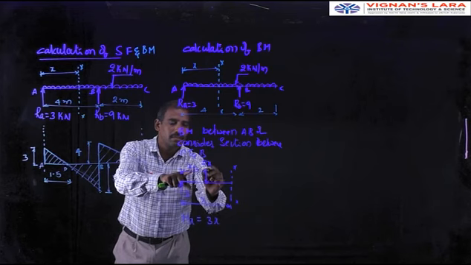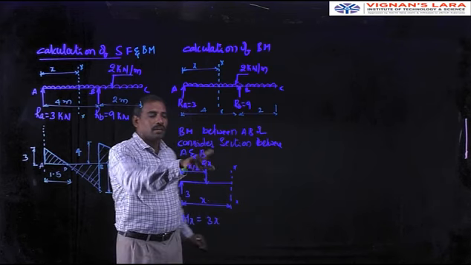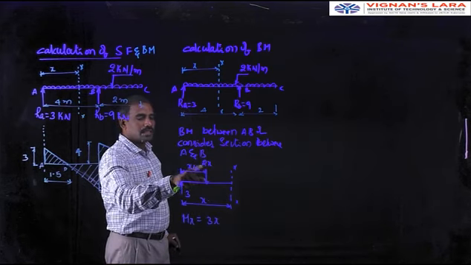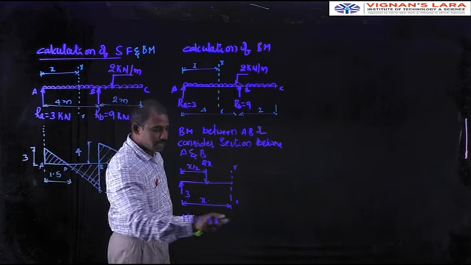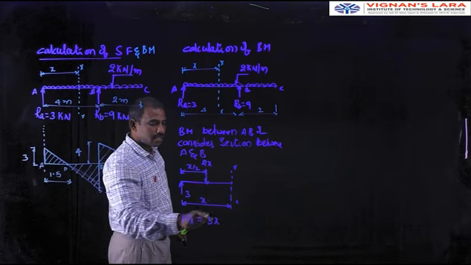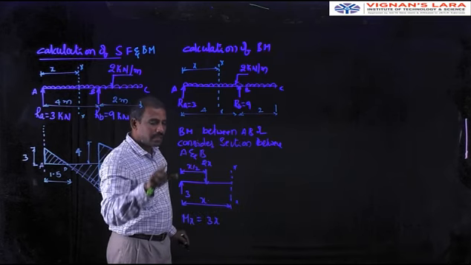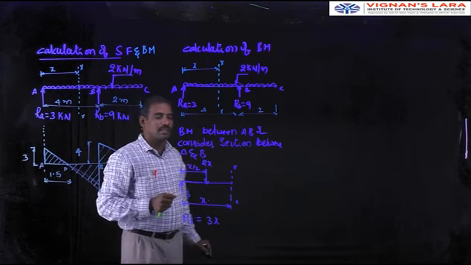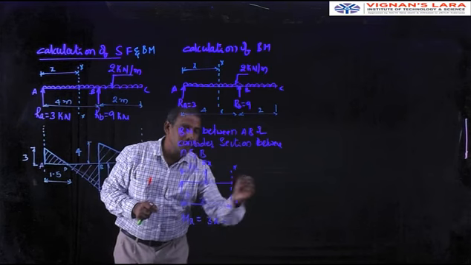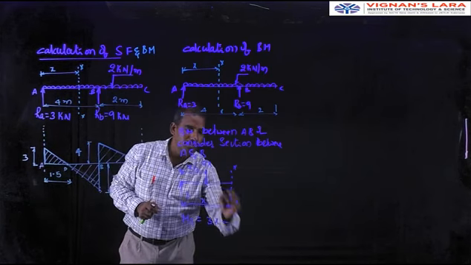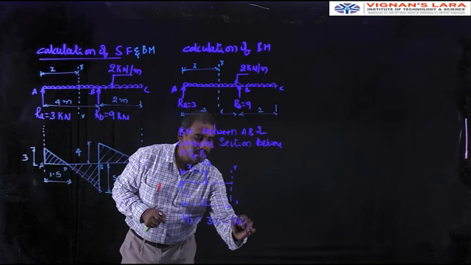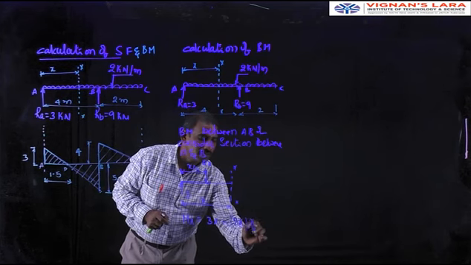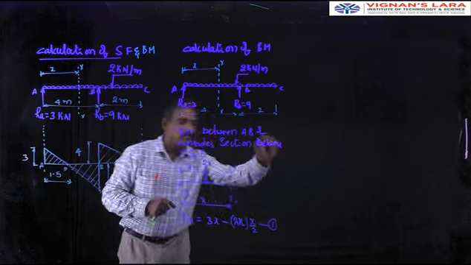And what about the 2x force, which produces the moment about the section XX? It produces the hogging moment, and left of the section clockwise has to be taken as negative. So magnitude 2x, and its perpendicular distance is x by 2. This is equation number 1.